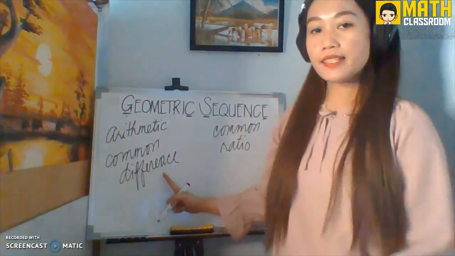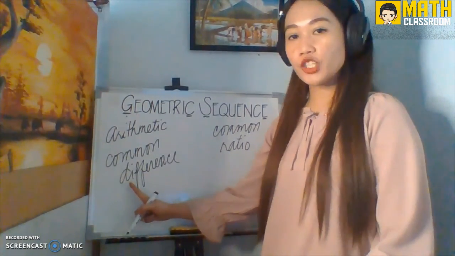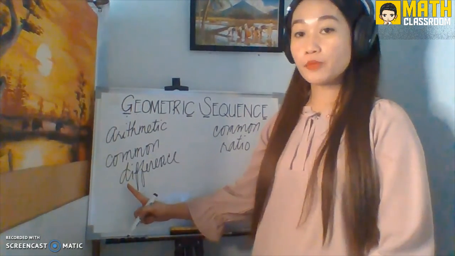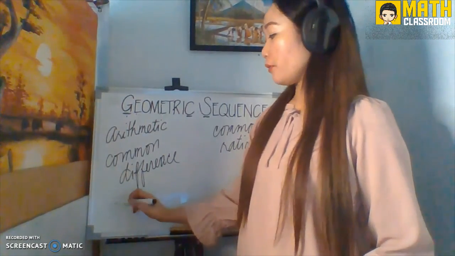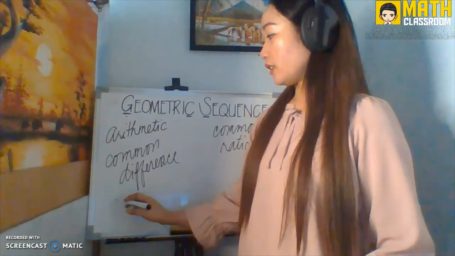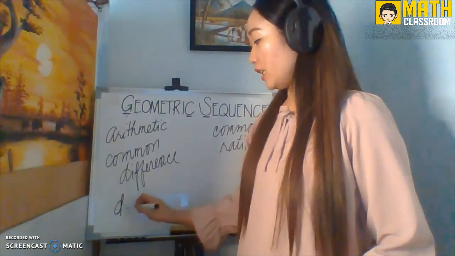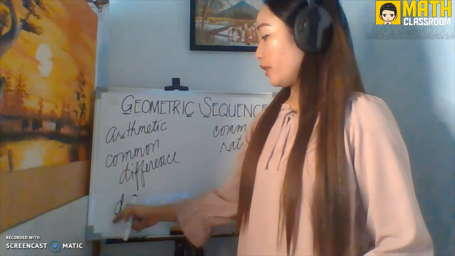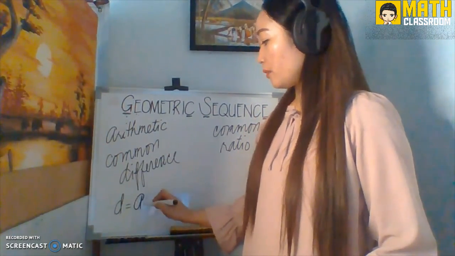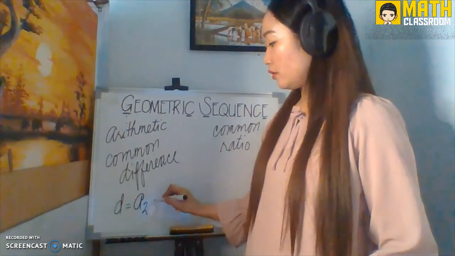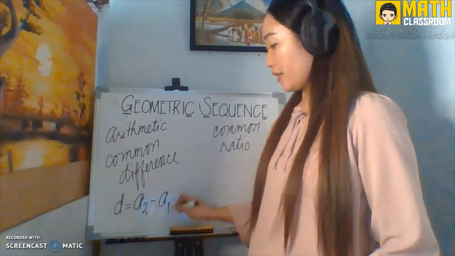In a common difference, as the word difference suggests, we use subtraction. If we denote common difference as small letter d, we subtract a term, let's say a sub 2, by its previous term, a sub 1.